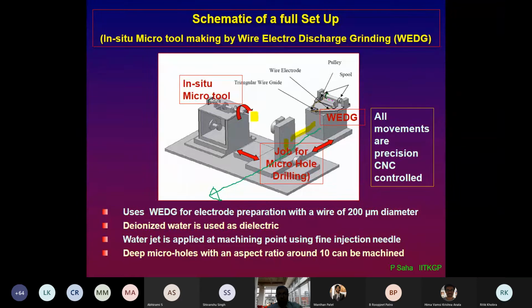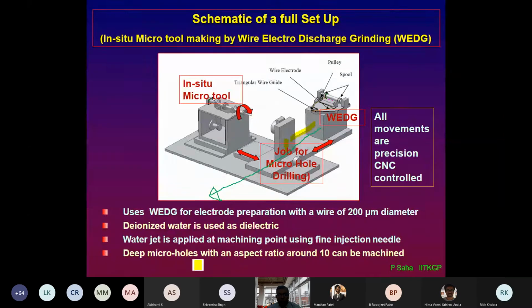But when this tool is made, this WEDG setup will be retracted back, and this job holding device along with the job which is already mounted will be brought in close vicinity of this already fabricated tool. Water jet will be applied at the machining point using some fine injection needle.